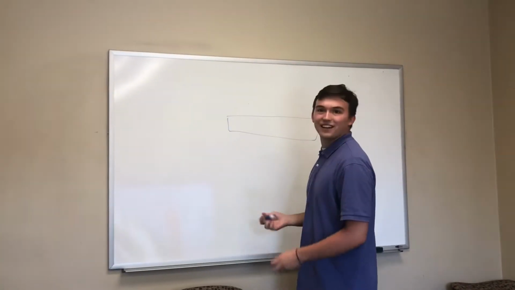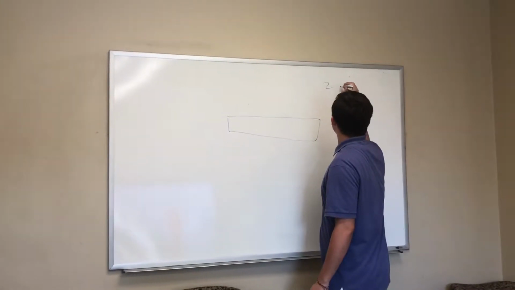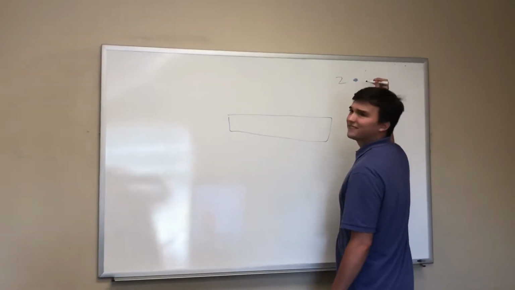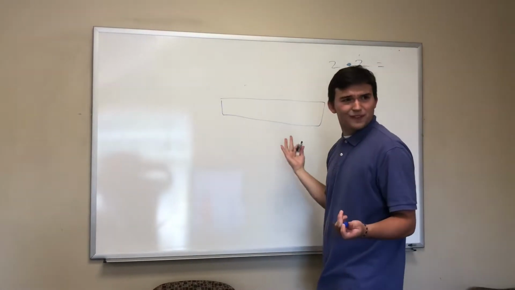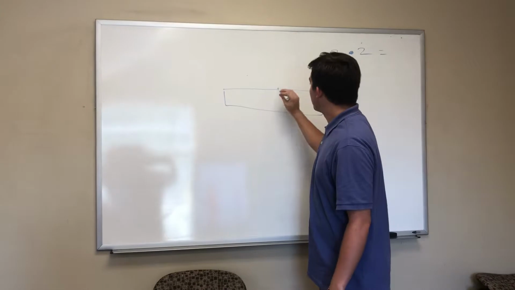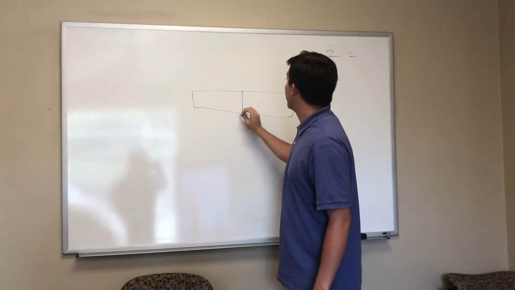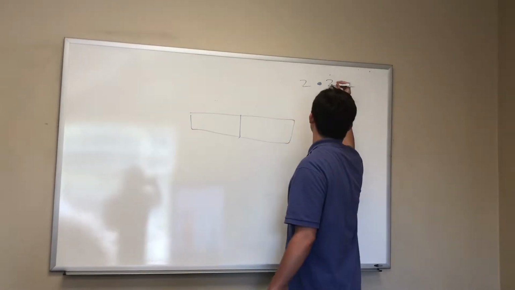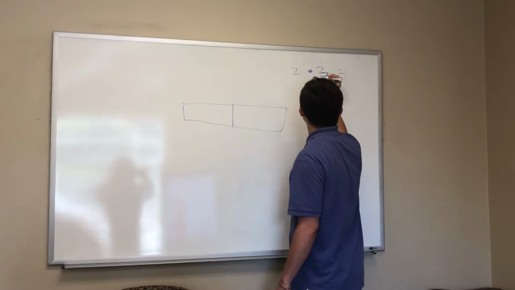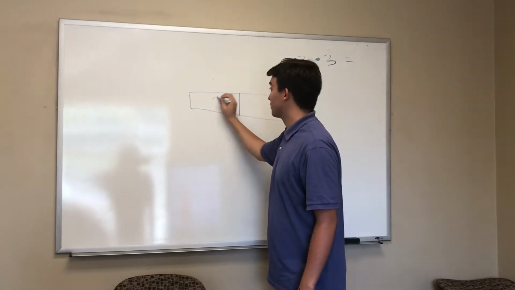So, let's say we have a problem. We'll just keep it simple. 2 times 2 equals. We're going to figure this out, okay? So, in a bar model, we can split our table into as many sections as we need. Actually, let's make this a little harder. Let's go 2 times 3. So we have 2 groups, and we're going to put 3 in each group.